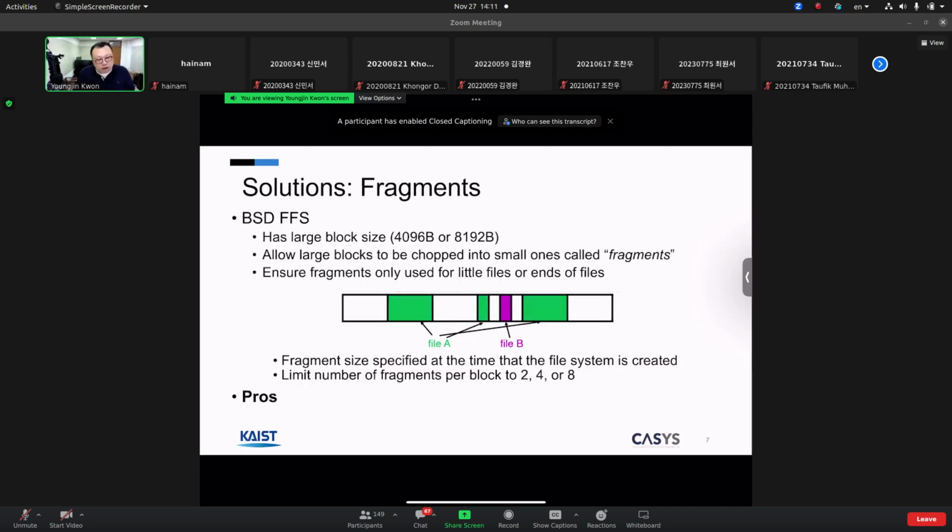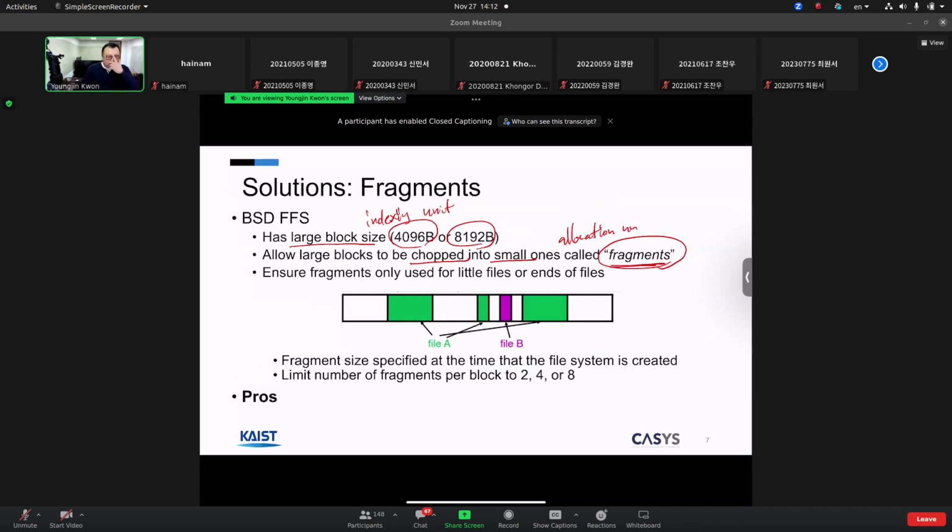This is called fragments. The file system has a large block, 4 kilobytes or 8 kilobytes, and these are chopped into small allocation units called fragments. The large block is the indexing unit, but the actual allocation unit is the smaller fragment. The fragment size is specified at the time the file system is created.